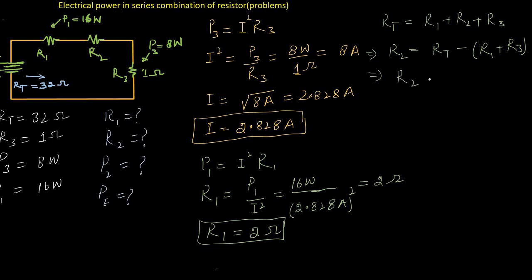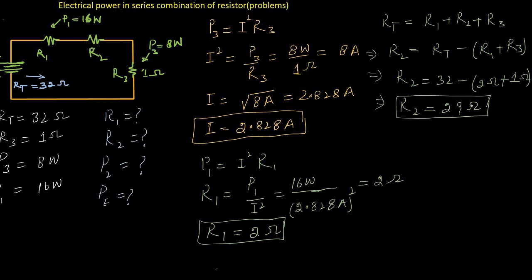R2 equals 32 ohms minus 2 ohms plus 1 ohm, so the resulting value of R2 is 29 ohms. So the resistance value of the second component is 29 ohms.